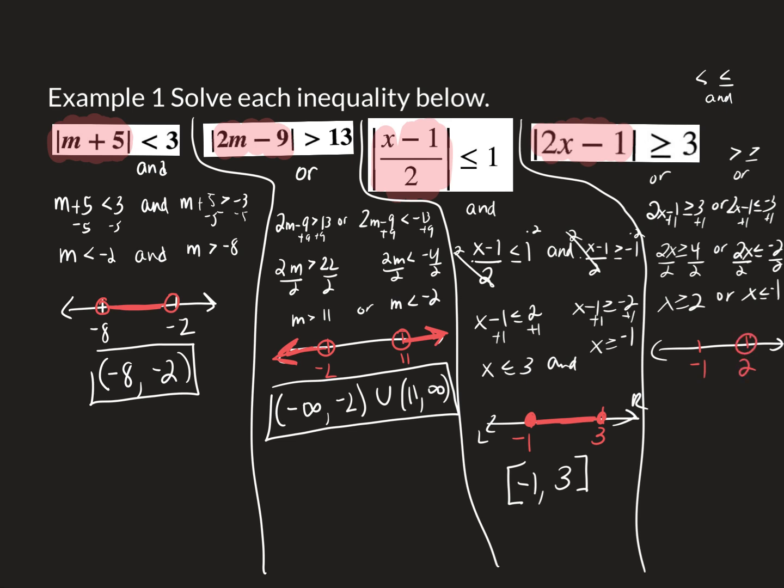So greater than or equal to 2, equal to, I made it open, sorry, less than or equal to negative 1. And reading that number line from left to right, it's shaded from negative infinity to negative 1, union 2 to infinity. That's my final answer for the last example on example 1.